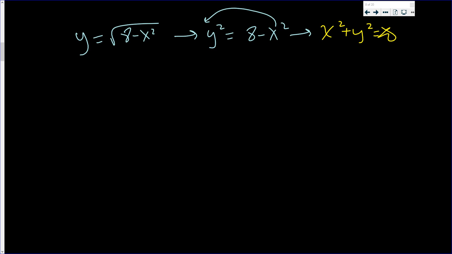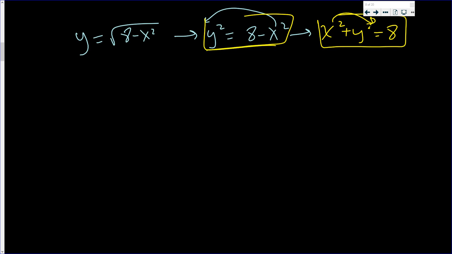Now, what's going on here is that if you go from this to this by just bringing the x squared over, and then take the square root of both sides, you get that y is equal to plus or minus the square root of 8 minus x squared.